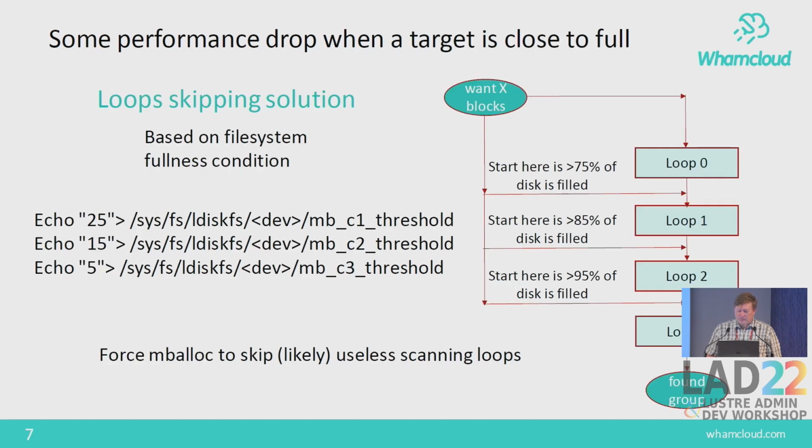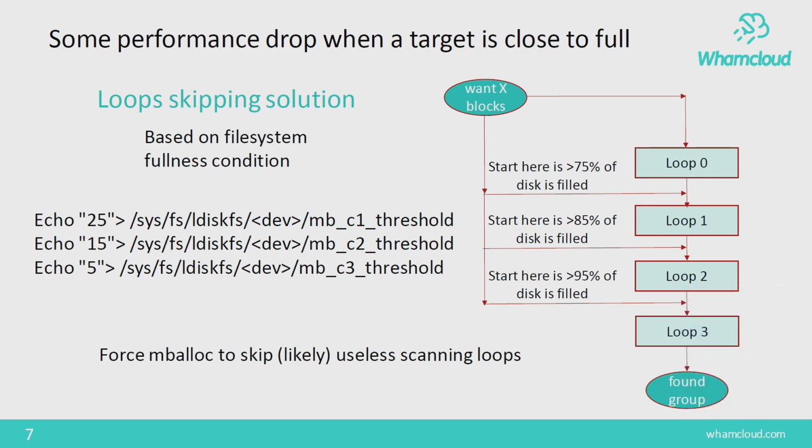And so, maybe in Lustre 2.12 or 13, a patch was added to allow a skip threshold so that, instead of looping over all 4 million groups in a file system, or 8 million, it says, it's unlikely for me to find an excellent allocation quickly, so I'm just going to skip the first loop and start looking right away for a group that has an average free space.